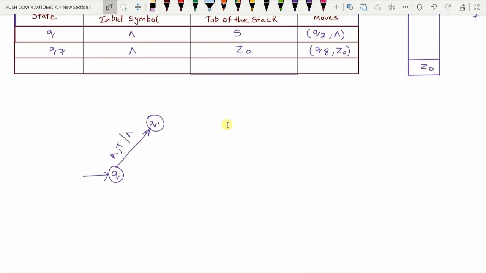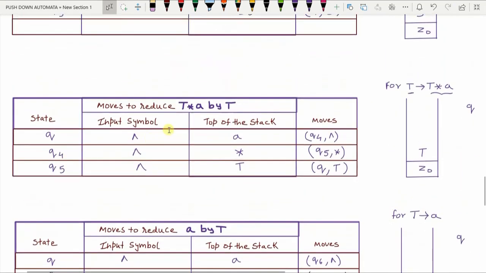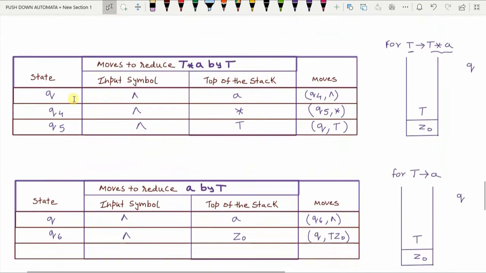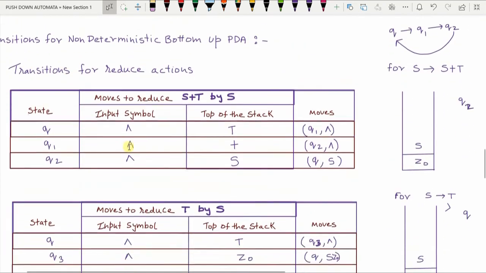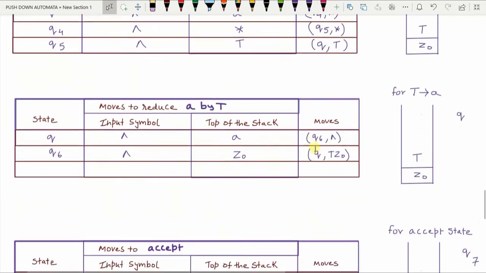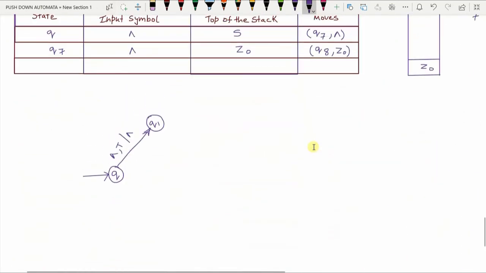You pop. Agreed? From Q you are going to Q1. Then from Q1 state you go to Q2 state. So from Q1 you go to another state, I will just write from Q1 you go to Q2 state.